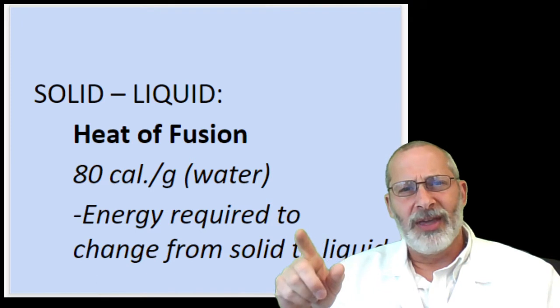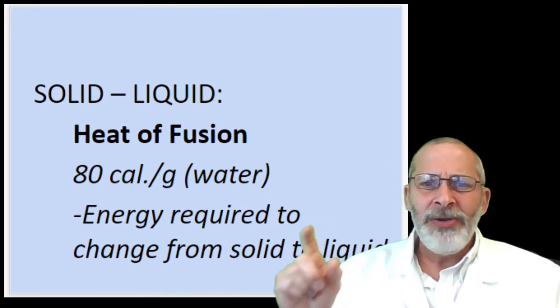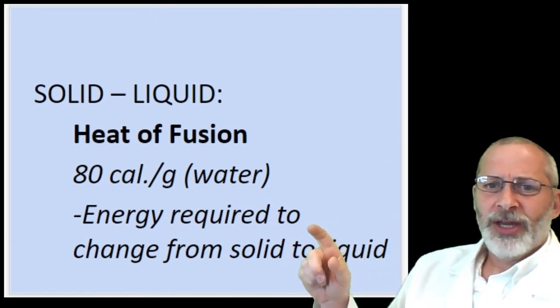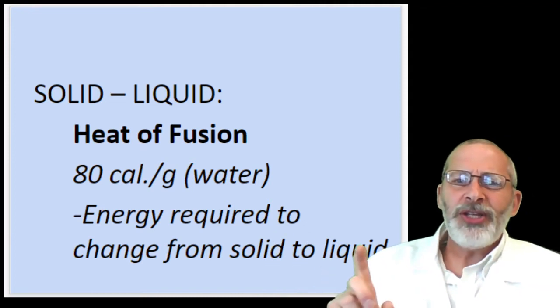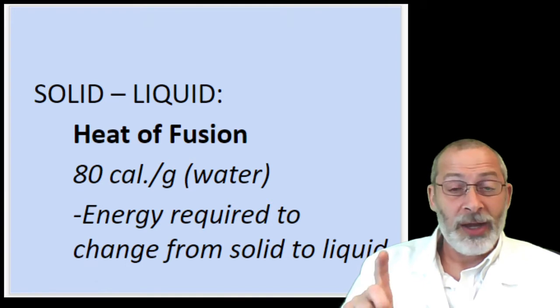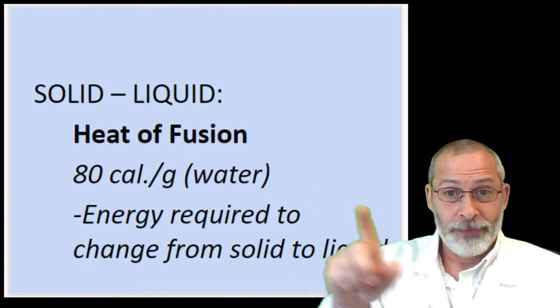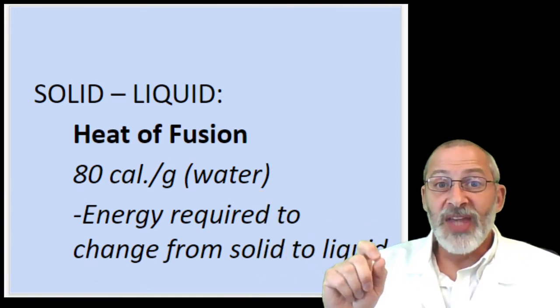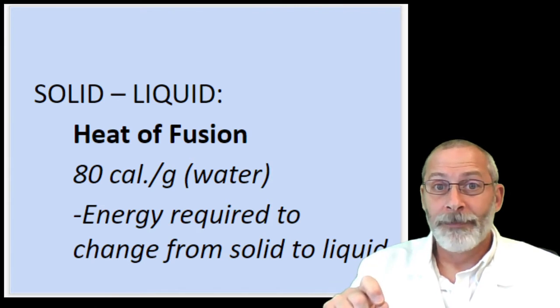But look at this. The amount of heat energy required simply to change from a solid to a liquid, and here we're talking about water, is 80 calories per gram.